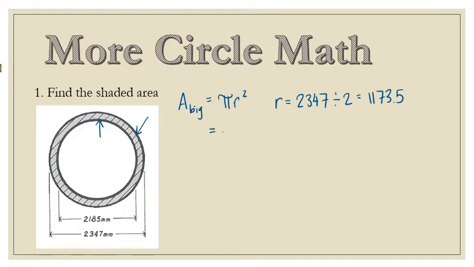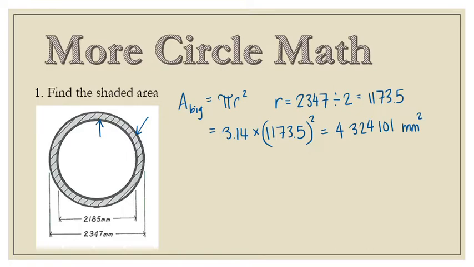So our area is going to be 3.14 times 1173.5 squared. This is going to be a big number. That's fine. To the nearest whole square millimeter, I'm getting 4,324,101 millimeters squared.